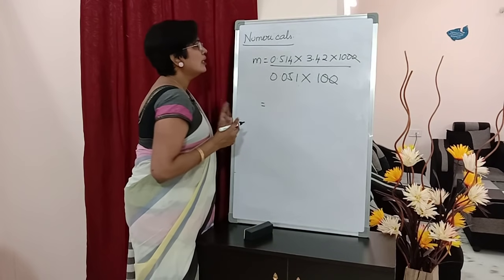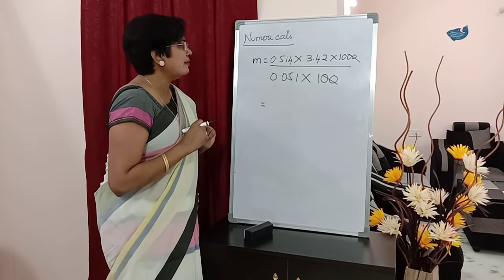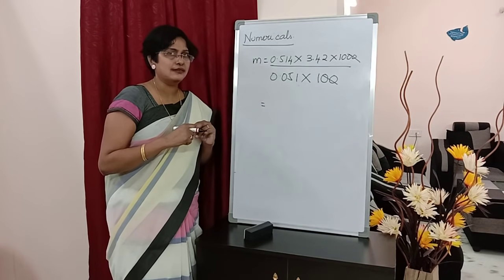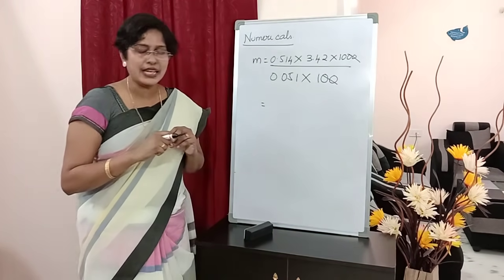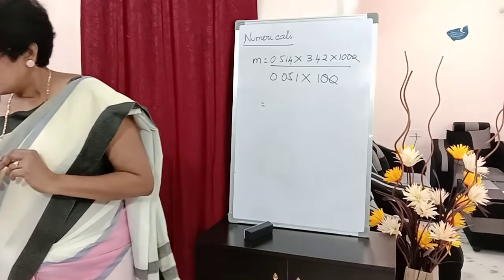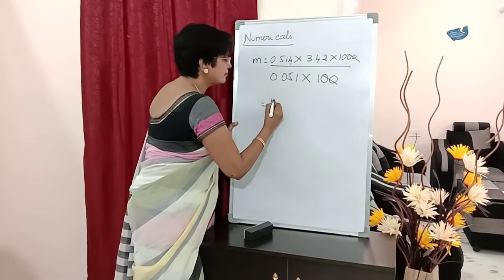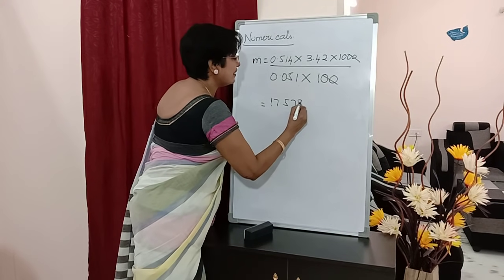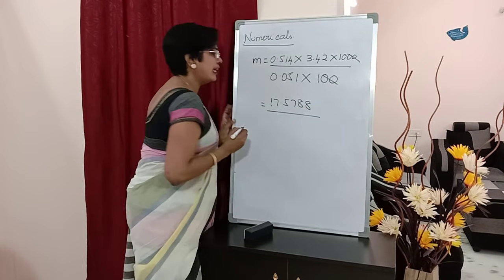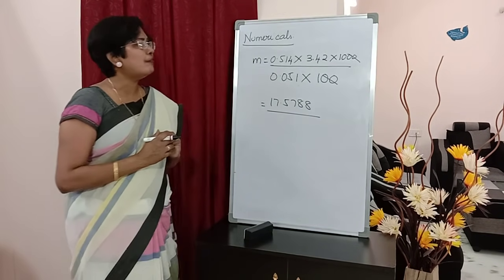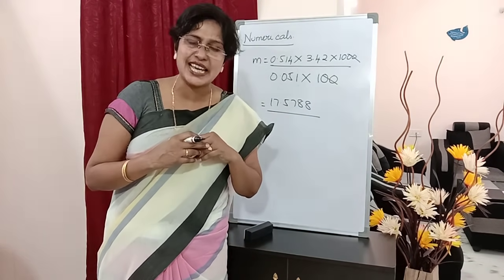So, what do you do? Multiply 0.514 into 3.42 into 10. What is the value? What did you get? So, I got it as 17.5788. Did you get the same, students? Just multiply 0.514 into 3.42 into 10.